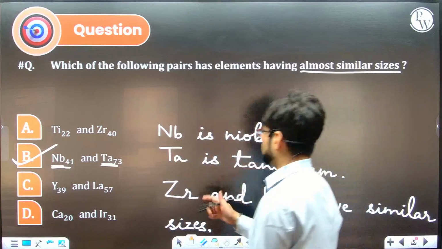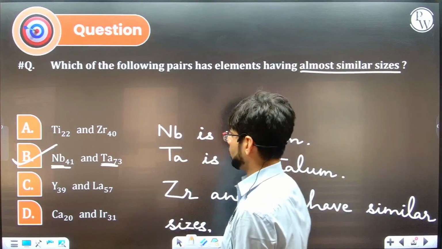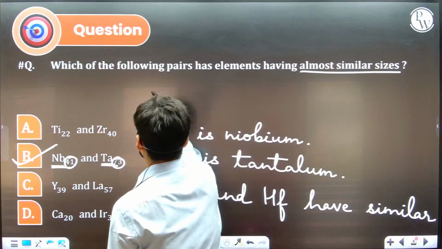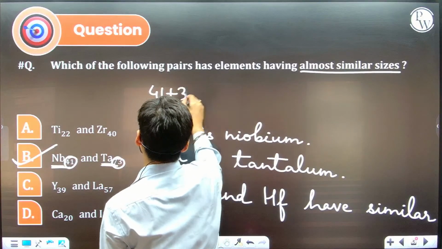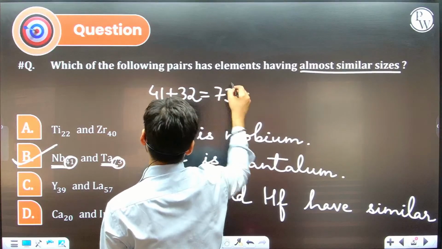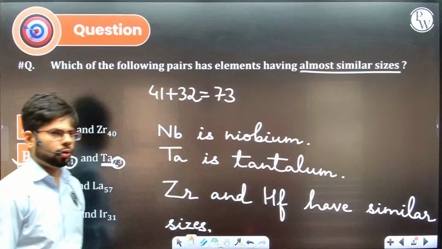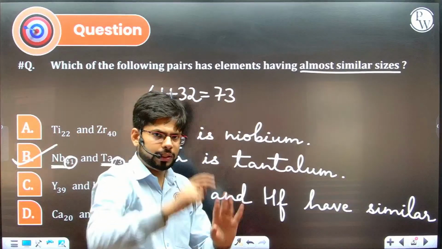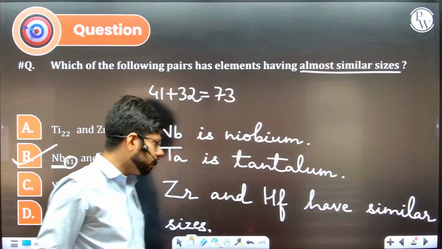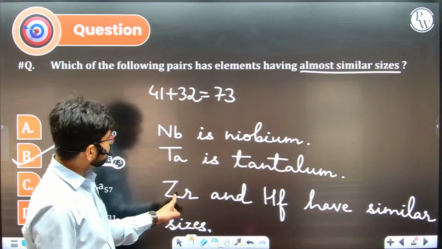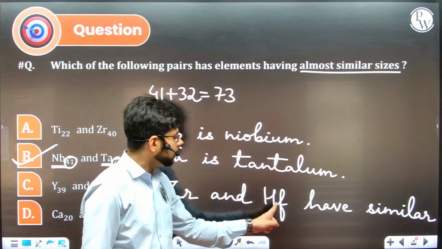Now, one more interesting thing if you see here as well as here. Look at this option. Look at the atomic numbers. So 41 plus 32 is 73. That means the difference in the atomic numbers is 32 because one element lies below the other. We are talking about the same group, right? Similarly, if you talk about Hf and Zr, 40 is the atomic number of Zr and 72 is the atomic number of Hf.